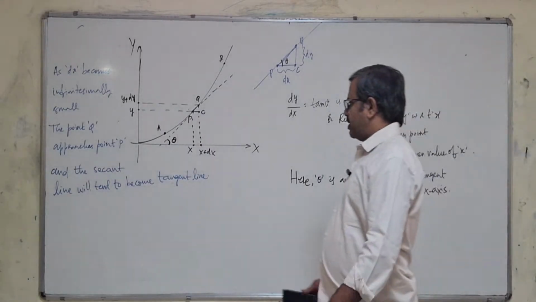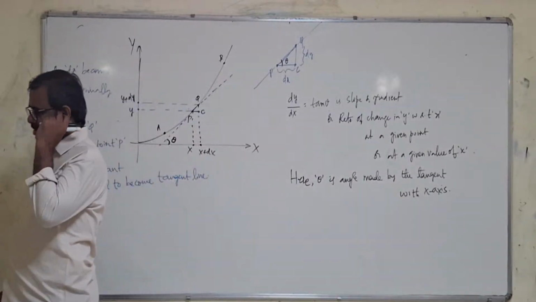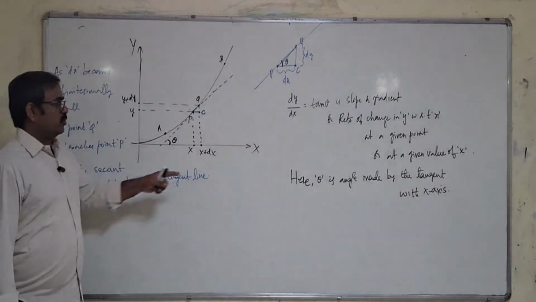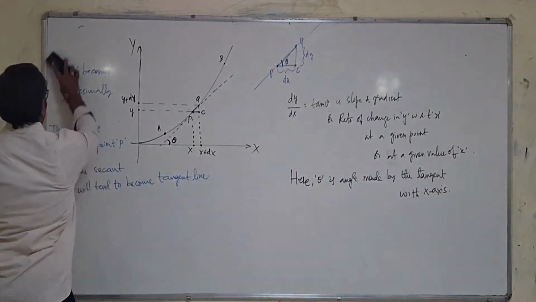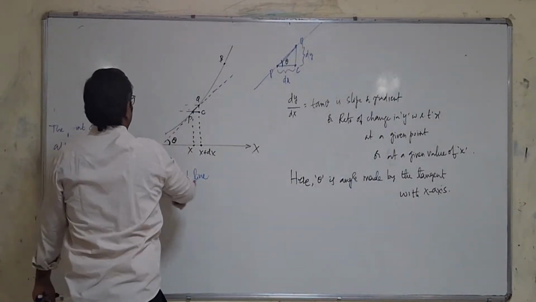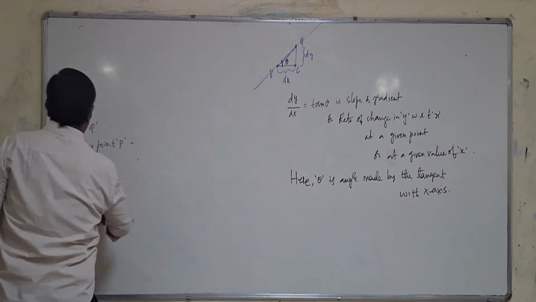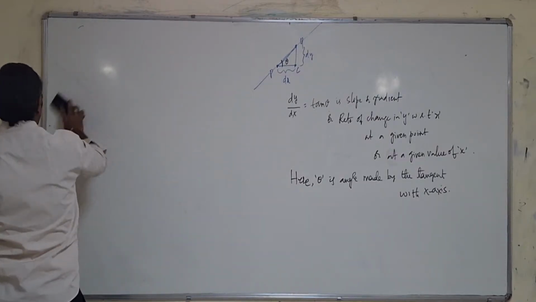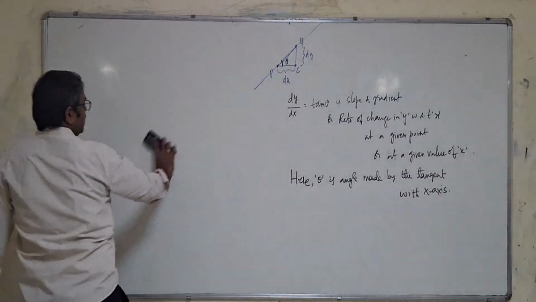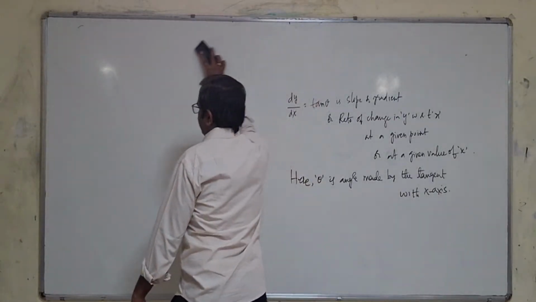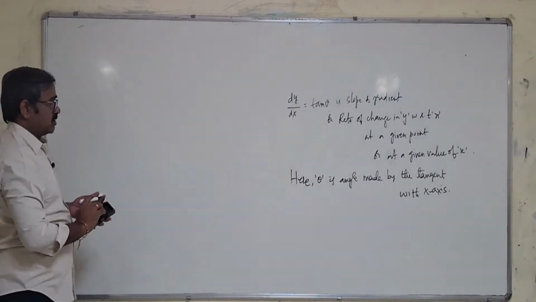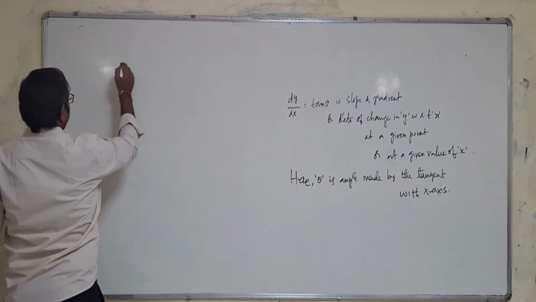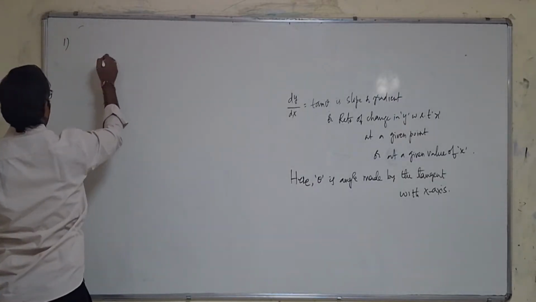All right, let's try to understand how y behaves in different graphs and what this slope means in different graphs. Let's look at different shapes of the graphs, and let's try to understand the story that each graph is telling us.